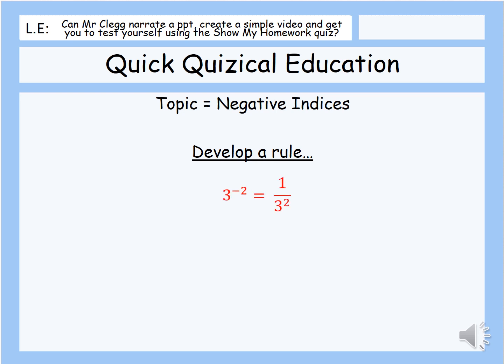We've got 3 to the power of minus 2 is 1 over 3 to the power of regular 2. We've got 3 to the power of minus 3 is equivalent to 1 over 3 to the power of positive 3. And so, as a general rule, we can say that anything to a negative power can be rewritten as 1 over that same value to the positive power.